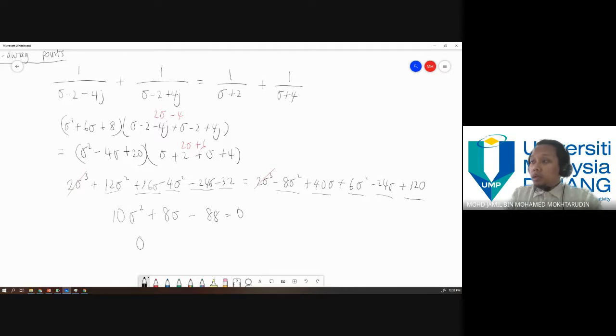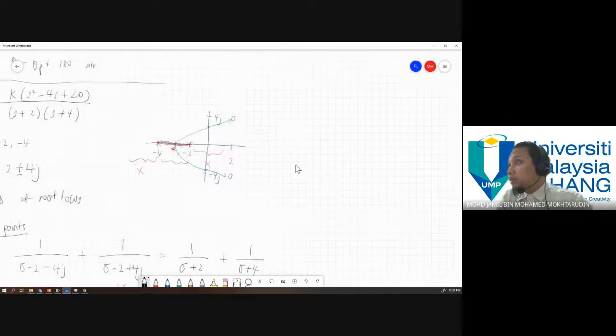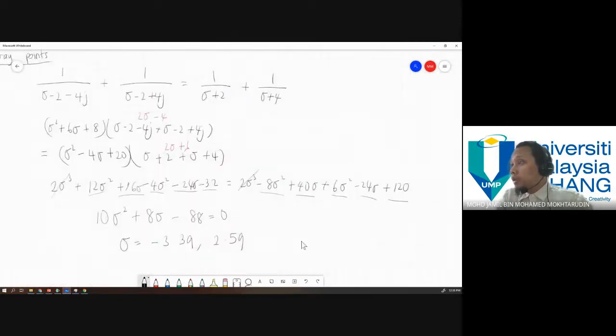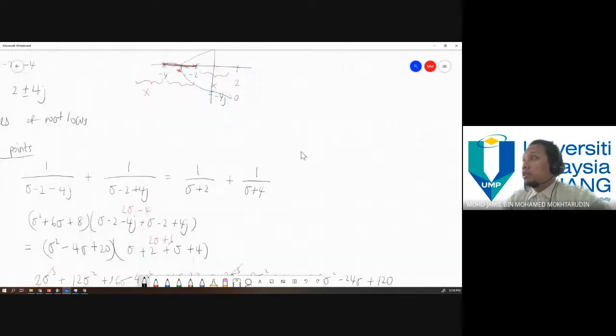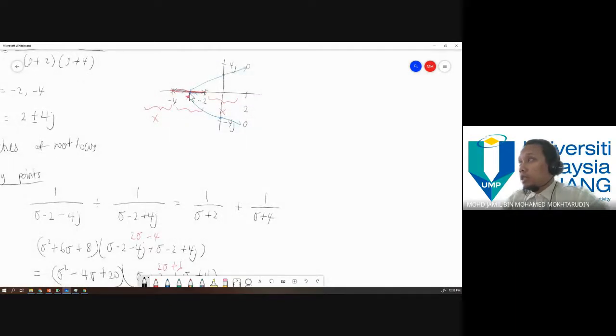So we get sigma equals minus 3.39 and 2.59. Okay, just double check. So we have two sigma values, breakaway and breaking points, but we need to choose only one because from our early sketch, we see that there is only one breakaway point, here between minus 4 and minus 2.